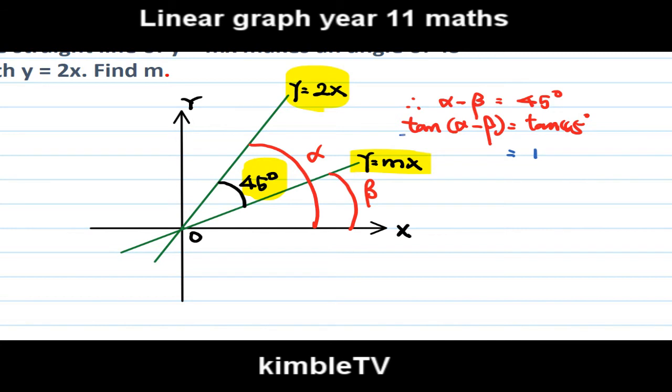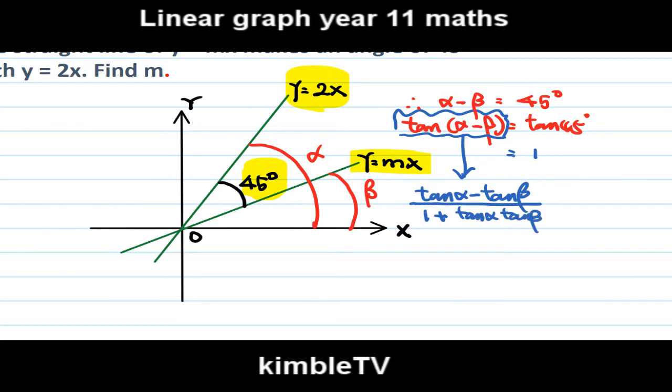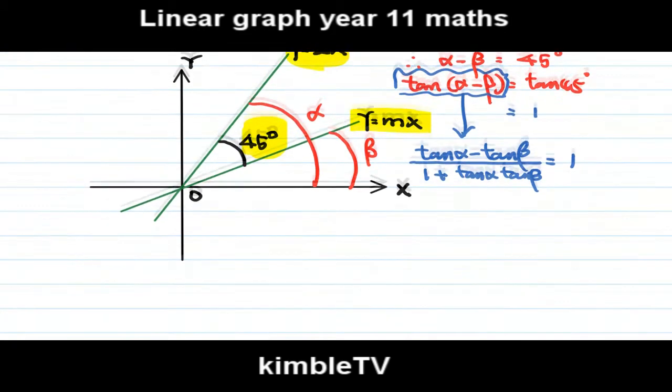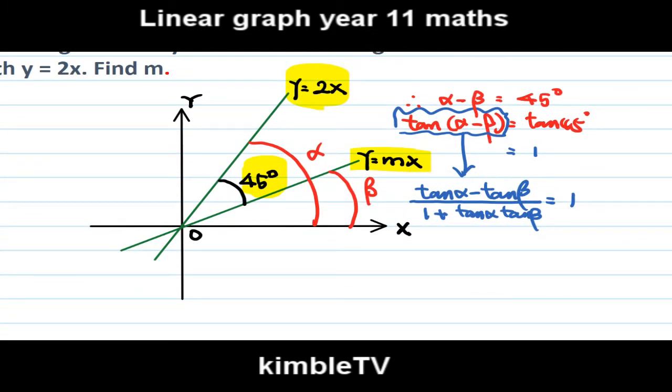So tan alpha minus tan beta over 1 plus tan alpha tan beta equals 1. Tan alpha is 2, because its gradient is 2.